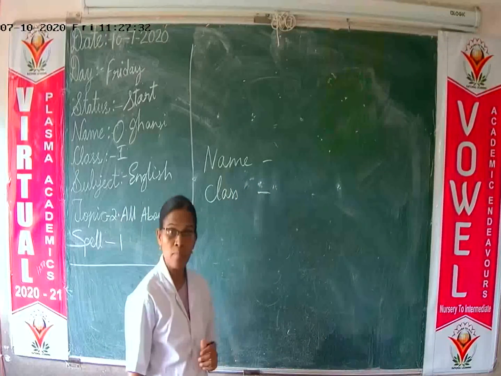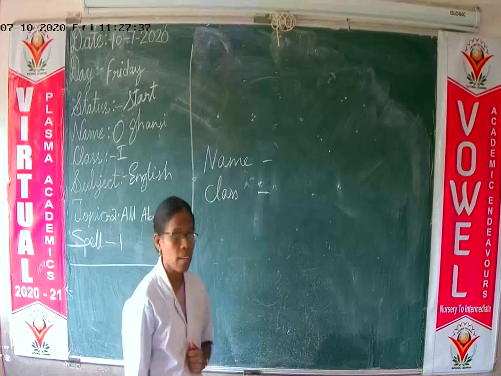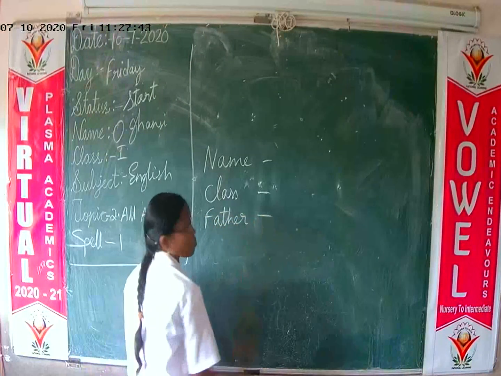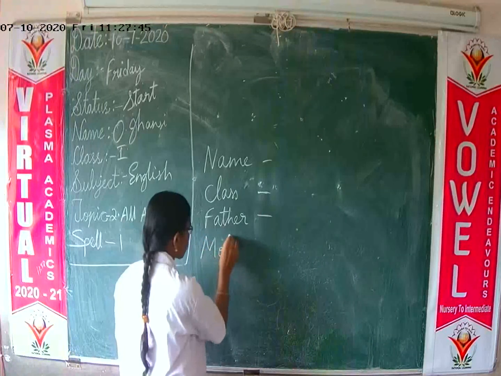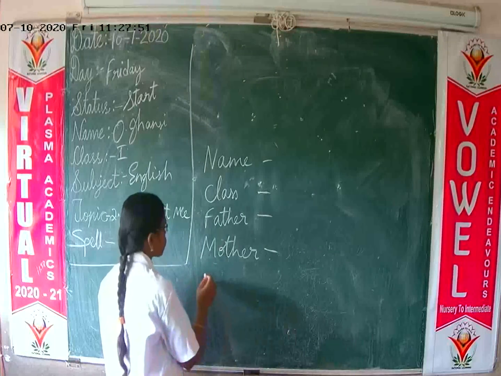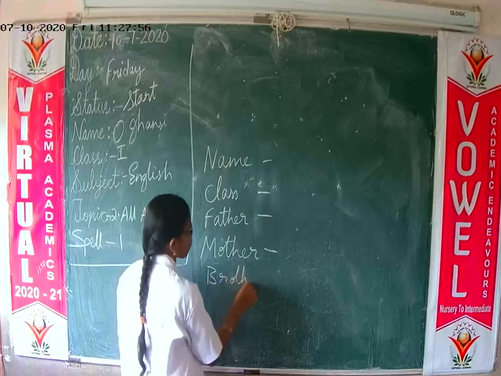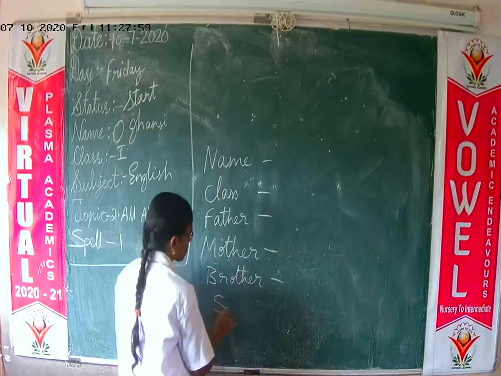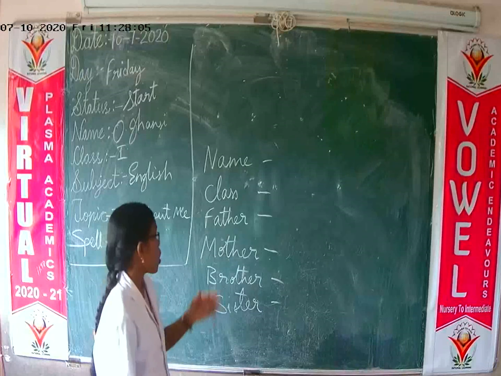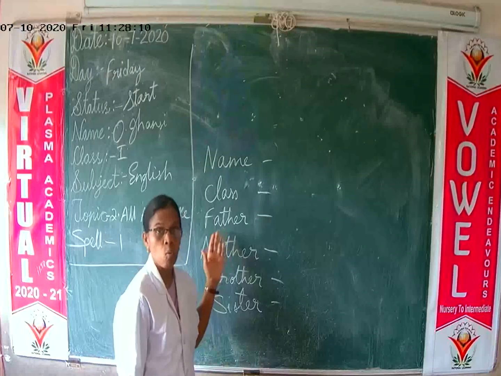First tell your name, then tell which class you are studying, then tell about your father, next tell about your mother, next your siblings, your brother or sister. Then what work your parents do? What is your father? What is your mother?